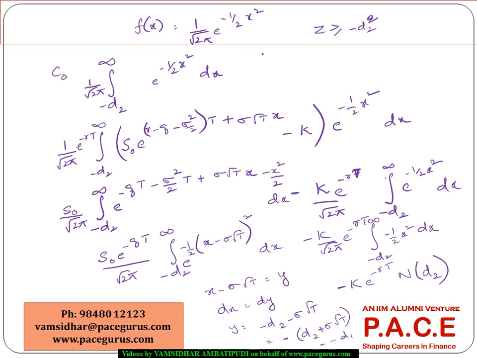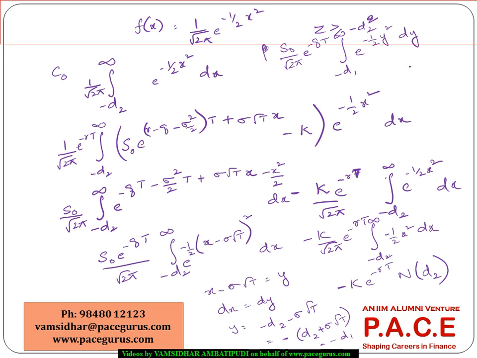So the first part is S naught by root 2 pi e to the power of minus qt, integrated from minus d1 to infinity of e to the power of minus half y squared dy.